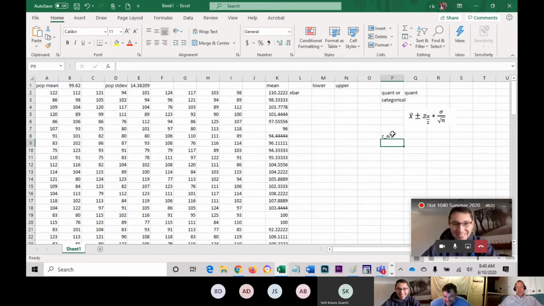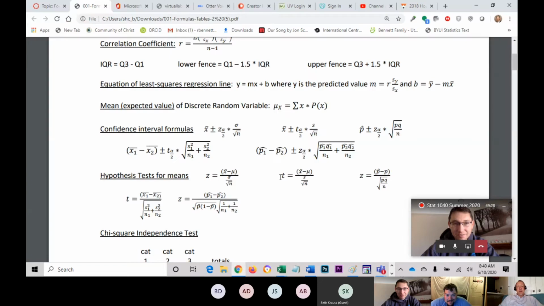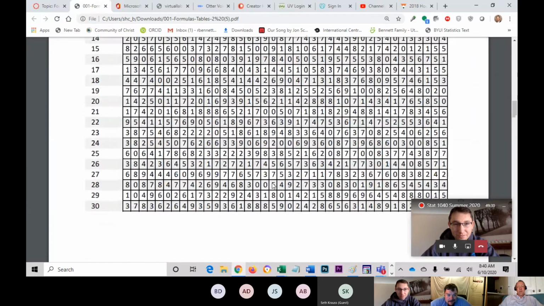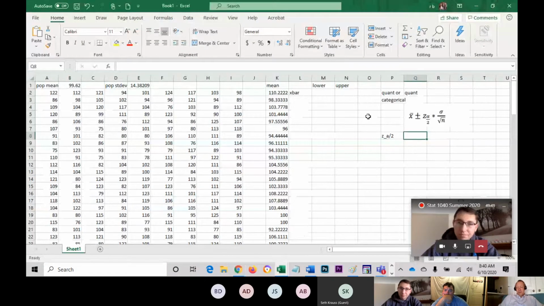Wes is shaking his head. Okay, so that's going to be here. Now remember, we've got our formula here. Confidence level, critical values. We're going to do a 95% confidence interval. So that's going to be 1.96. So your Z sub alpha over 2 is going to be 1.96.